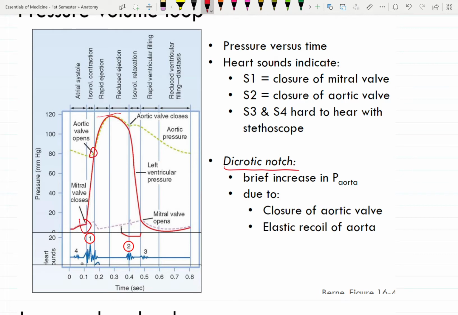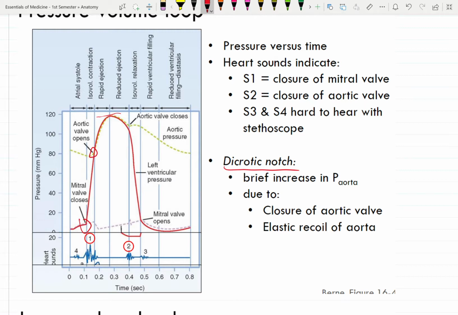When that closes, there's the elastic recoil of the aorta. It's like its elasticity, meaning once it has been stretched, it goes back to its normal length, and that change in length gives an additional increase in pressure.